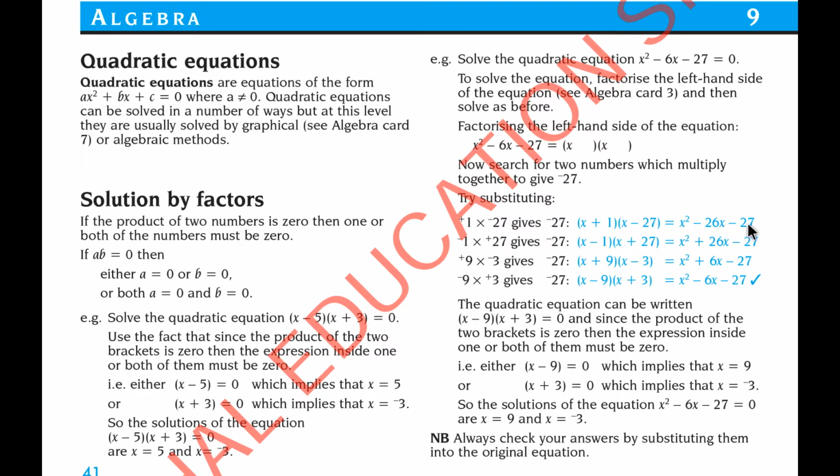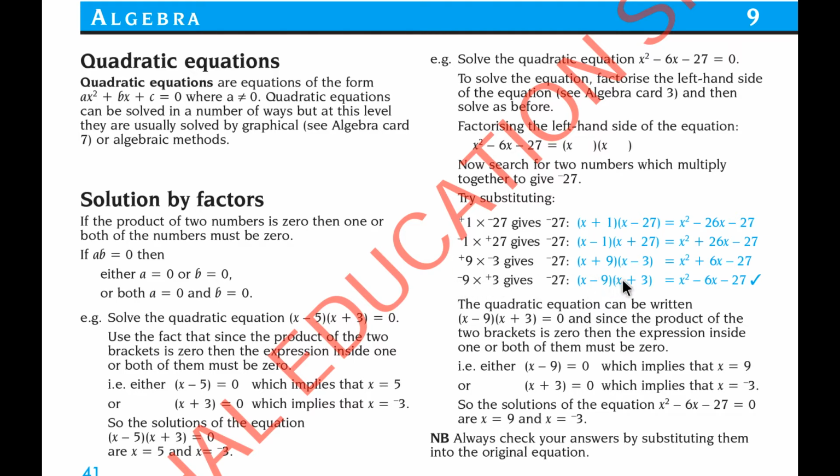Now you can see plus 1 times minus 27 gives you -27. Minus 1 times plus 27 gives you -27. Plus 9 times minus 3 gives you -27. Minus 27 is formed by all of these, but the thing is, when you add these two numbers, it must also make the middle one.